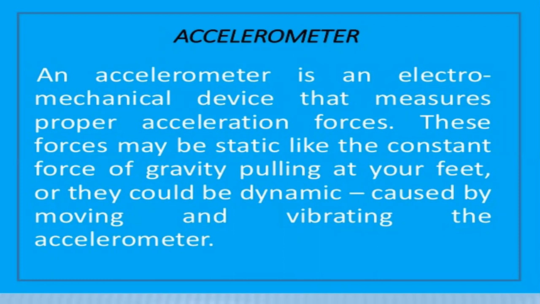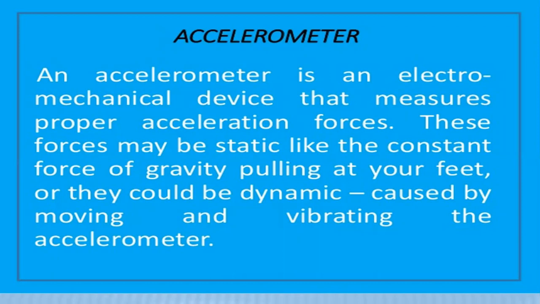So the acceleration is measured by using this accelerometer, and these forces may be static, like the constant force of gravity pulling at your feet. So the constant forces act on the accelerometer, and it calculates how much force is passing through that object.